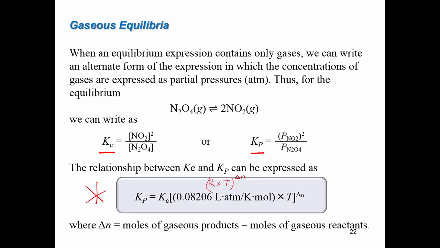So for this particular example here, the Kp is going to be equal to the Kc times R times T, which we're not given, raised to 1, the first power. So we're not actually raising it to a power because the delta N is the number of moles in the products 2 minus 1. Remember, not putting a number here is a 1, not a 0.